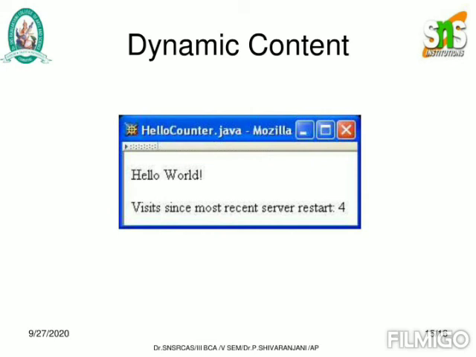Once I execute the page, it will be automatically incremented by 1, and again, if you enter the dynamic web page, the value will be incremented, and it has displayed the value as 4 because 4 times the user has entered the particular dynamic web page.